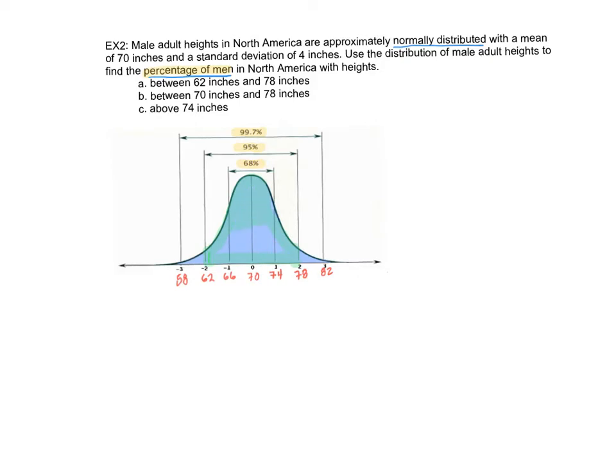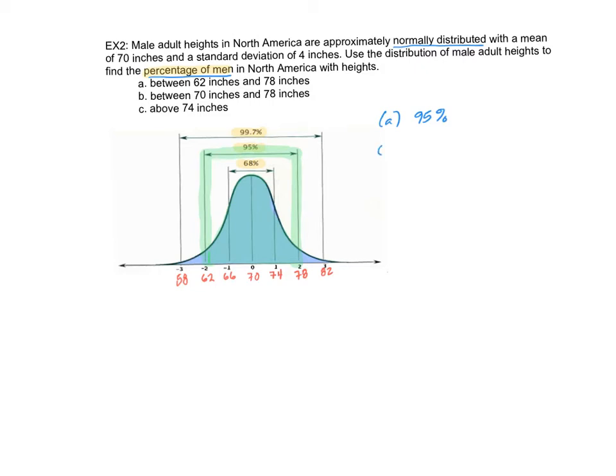So what percent does that represent? If you look at this, it corresponds to the 95%. Just by looking at the graph for A, I can see that 95% of men have heights between 62 inches and 78 inches.